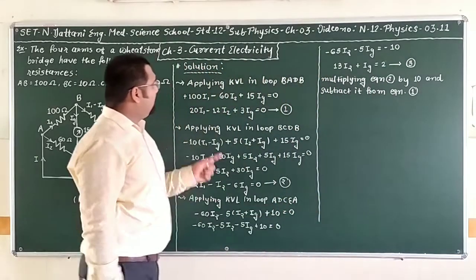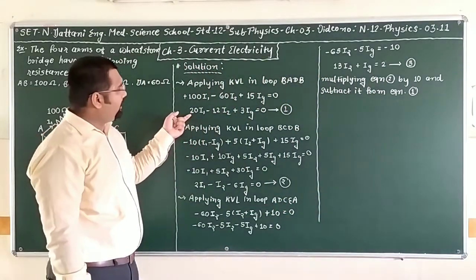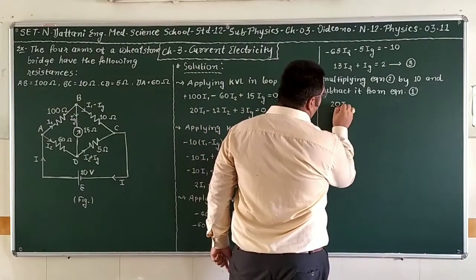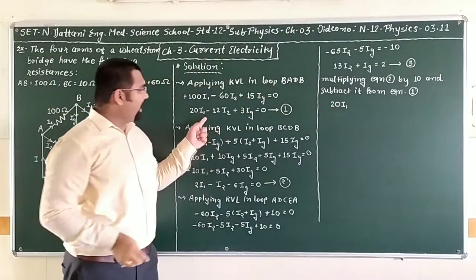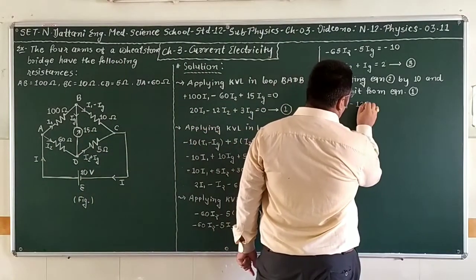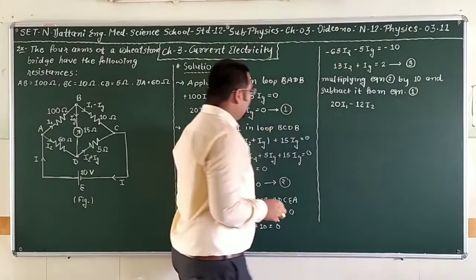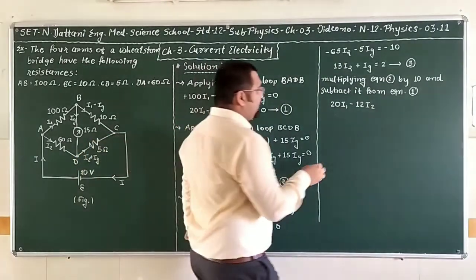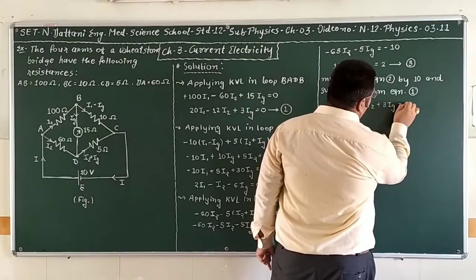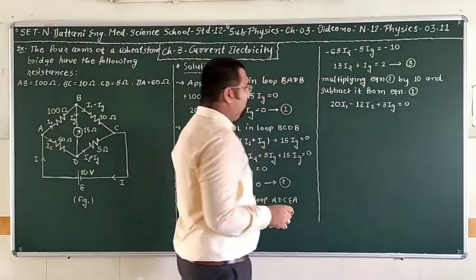So equation number 1 will be written as it is. So here 20I1 minus 12I2 plus 3Ig is equal to 0.